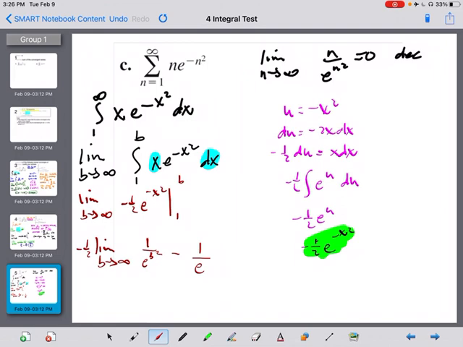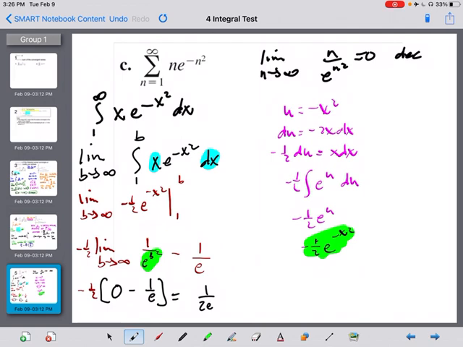Then I'm going to simplify this. So this is negative 1/2, plug in infinity. So this part right there gets bigger, so the fraction goes to 0 for that one. So that's going to be 0 minus 1 over e. So it looks like this is actually equal to something finite, which is going to be 1 over 2e. So therefore, it converges. So then therefore, the series converges.